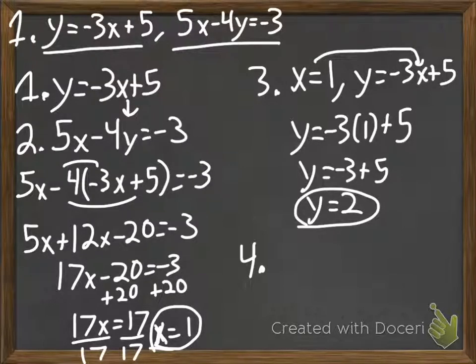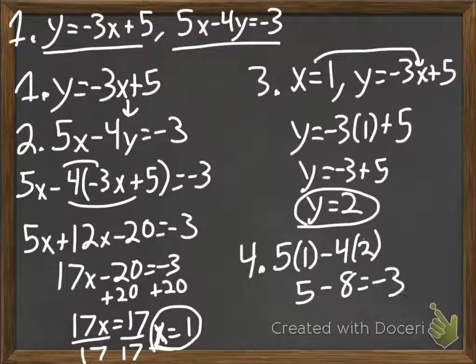Because you can check your answer, that means that you should not get something wrong without knowing that you got it wrong. So that's supposed to be a 2. So we get 5 minus 8, which equals negative 3. And it looks like we were wanting negative 3. So that's how you solve using substitution.